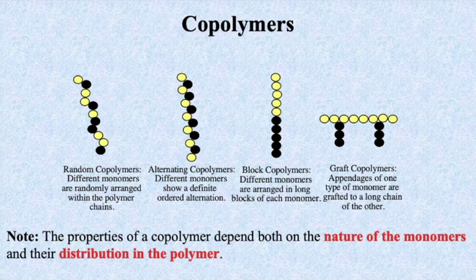So just showing them in a different way: random, alternating, block, and a graft. So you get different properties depending on the nature of the monomers or their distribution. So in 2 ways: what is attached in what order and how they are distributed on the chain.